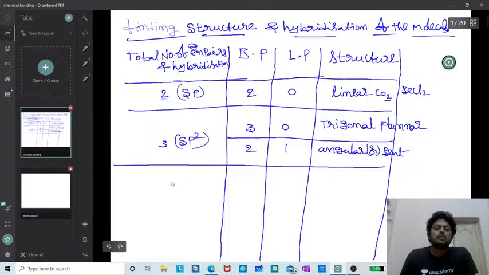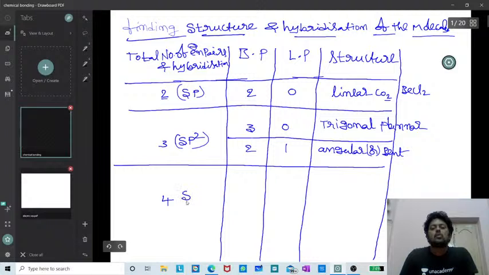Next, if the total electron pairs are 4, that means 4 hybrid orbitals, so sp3 hybridization. In that, 4 bond pairs, 0 lone pairs, geometry is tetrahedral.